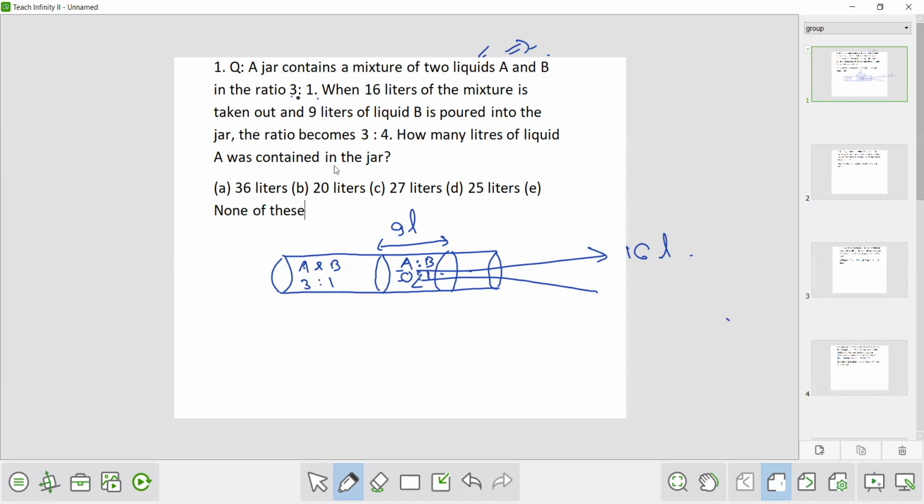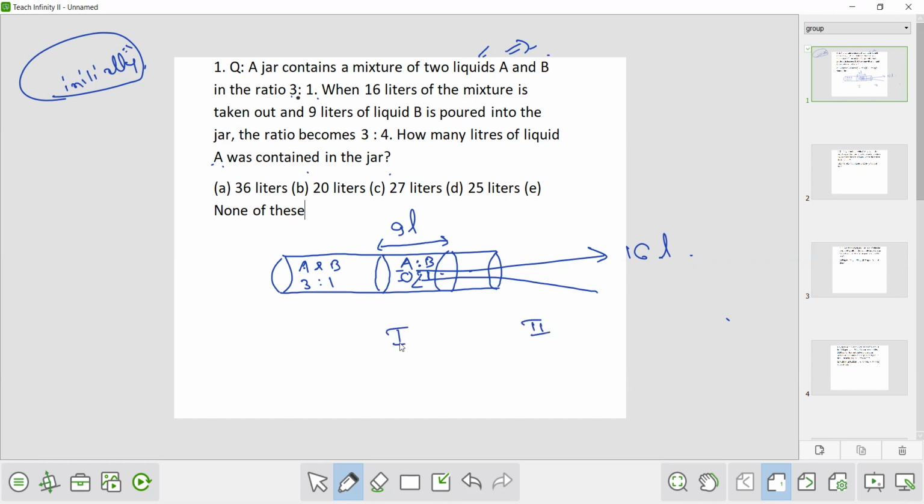So how many liters of liquid A was contained in the jar? We have to find how many liter of liquid A was contained in the jar, means initially. So how to find it? For this question, we will just take two quantities, quantity 1 and quantity 2, means two mixtures.